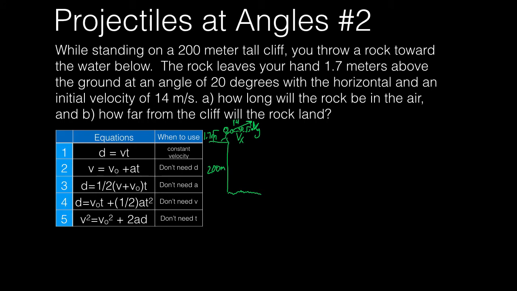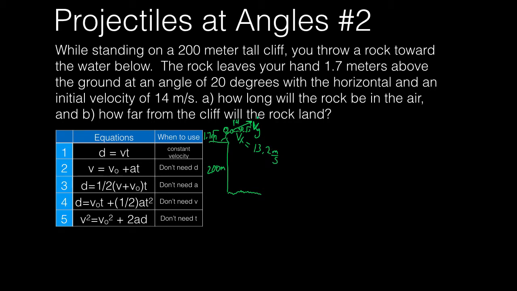So v sub x will be equal to 14 times the cosine of 20, which is 13.2 meters per second.